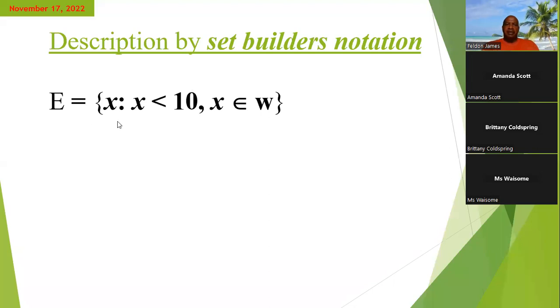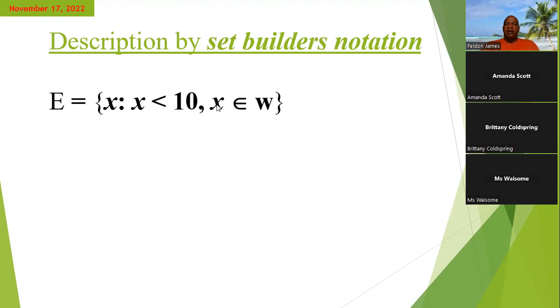So for example, here we would see E equals the set of, remember how we read this now. Here we have the X followed by the colon. We say the set of elements X, and the colon means "such that." Here you would have the symbol X is less than 10, and you have a comma to denote that you are giving that description.